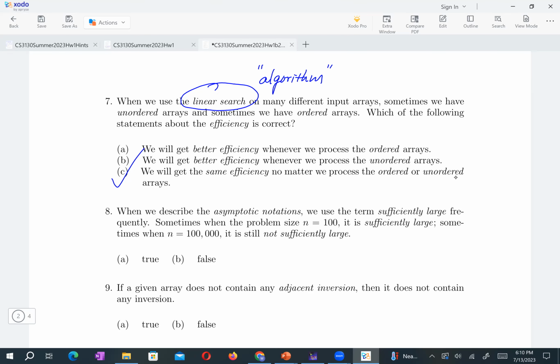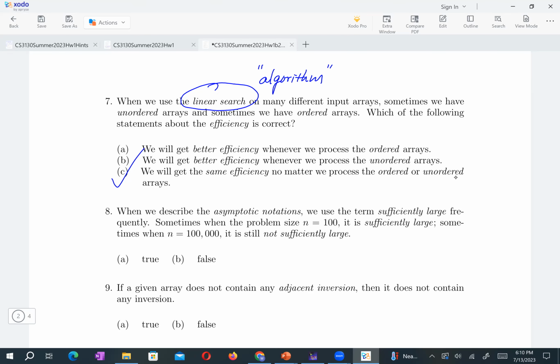That's why we say same efficiency, no matter whether we process ordered or unordered. No difference. Sometimes ordered could be faster, but sometimes it could be slower. By taking the average, it's the same average efficiency. So you cannot see the difference.